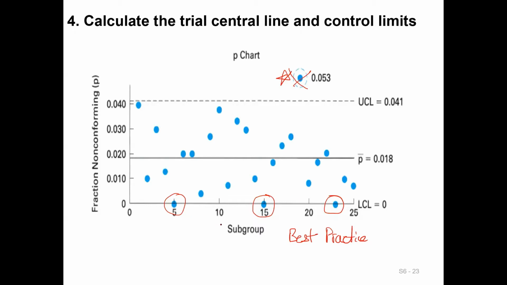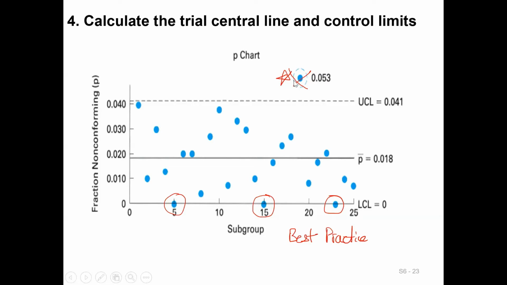Therefore, you might want to use these 3 points as a reference to develop a best practice of running the process. In short, for points on the lower control limit, you're not required to take action in terms of investigating why it's at 0 and removing it. No, but you might use it as a best practice reference. But a point beyond the upper control limit, you need to remove.